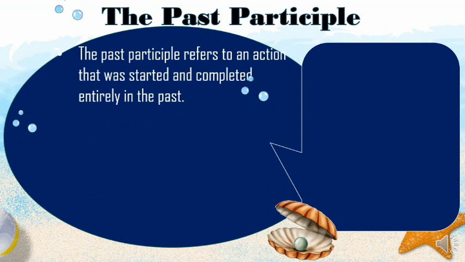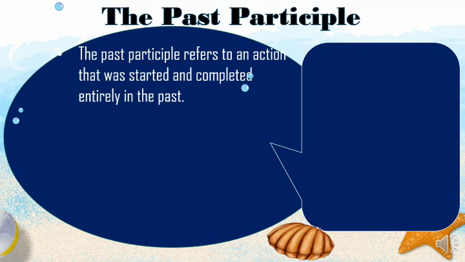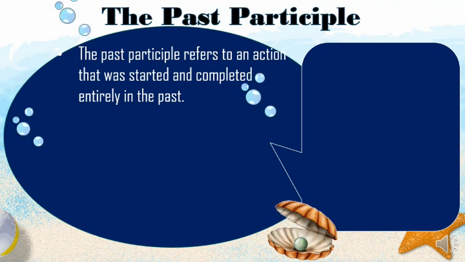Before going to these four groups, I'm going to explain what the past participle is. The past participle refers to an action that was started and completed entirely in the past.